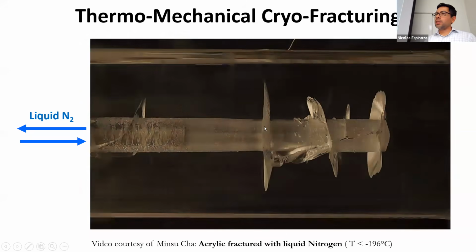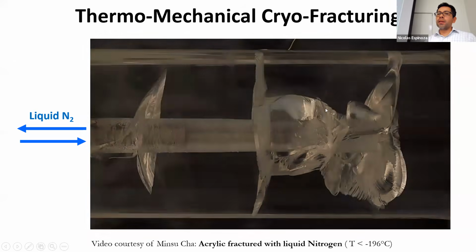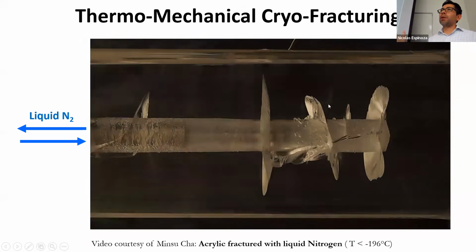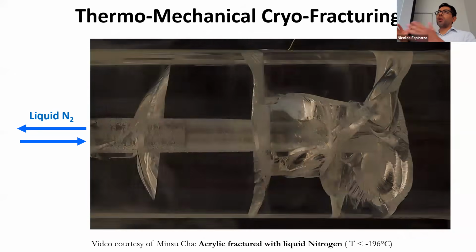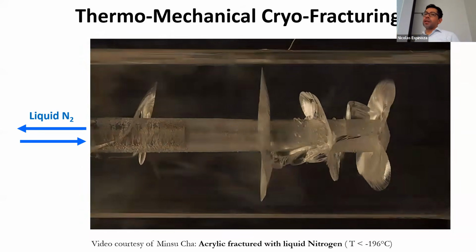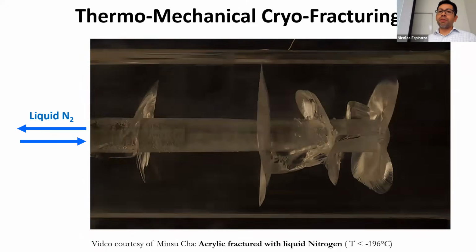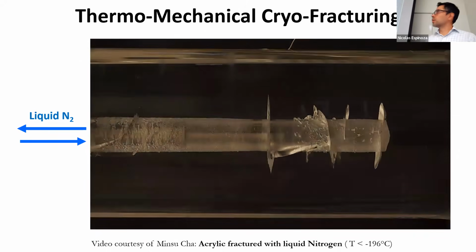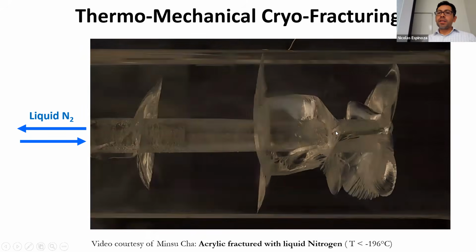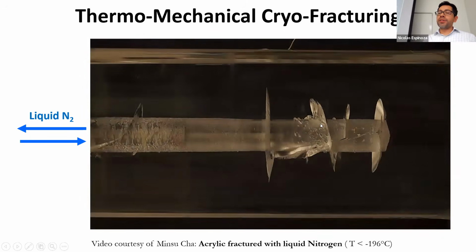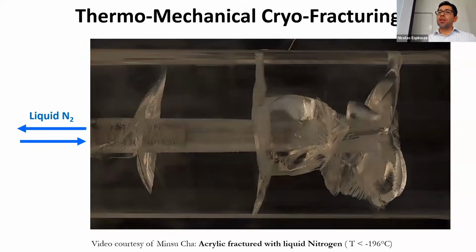Notice how those fractures initiate at the wellbore and then propagate. And this is also a very nice example about how multiple fractures growing together can interact with each other. That's something which is called fracture interaction or fracture interference. And this is a result of thermal distressing.